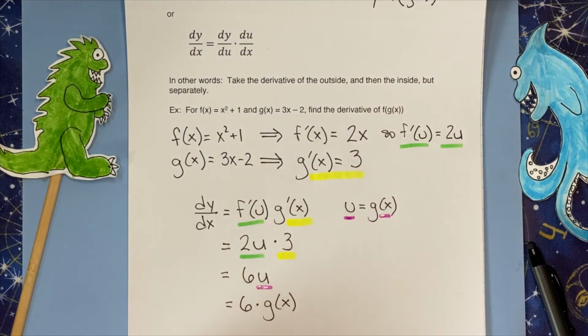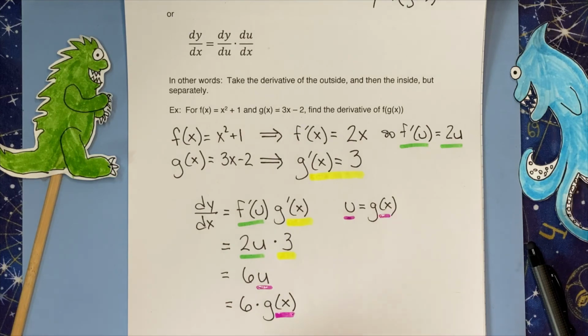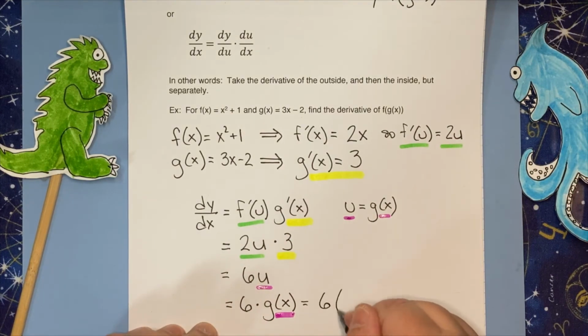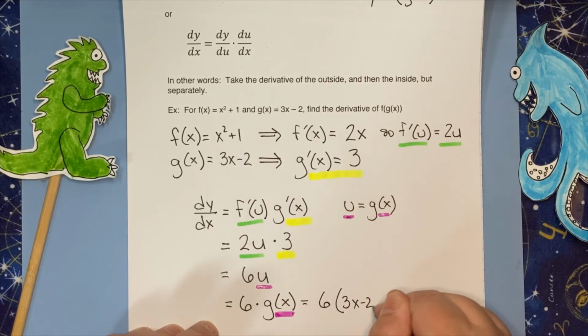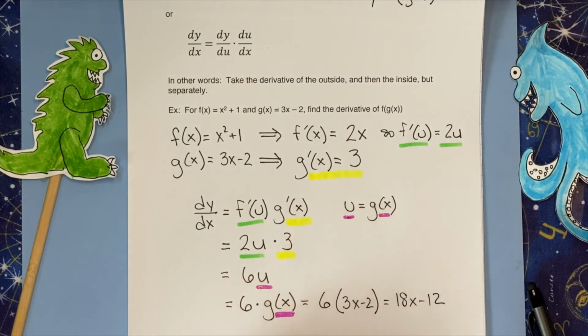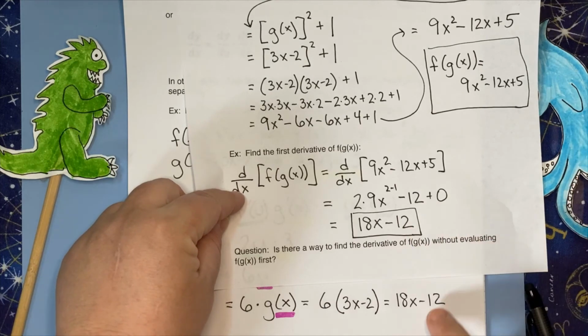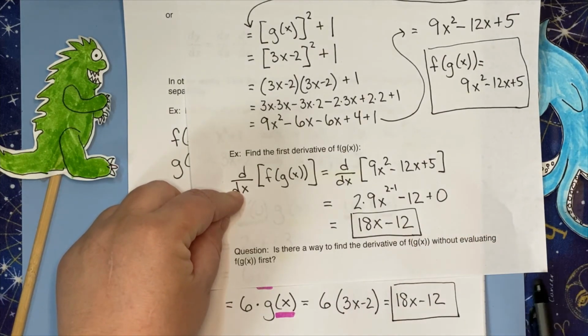Because u is g of x. There we go. And then I know what g of x is, right? G of x is 3x minus 2. So that's 18x minus 12. Okay. Drum roll, please. Same answer. We got exactly the same answer on the front page.